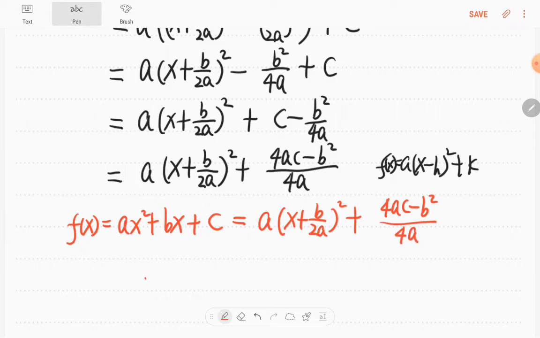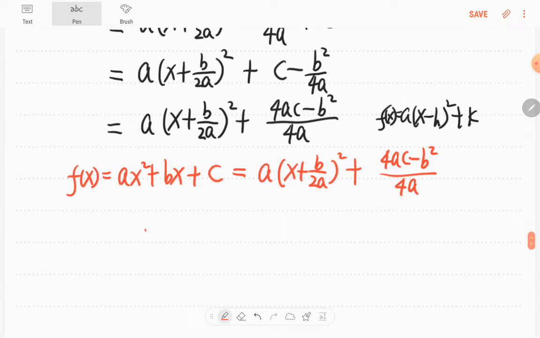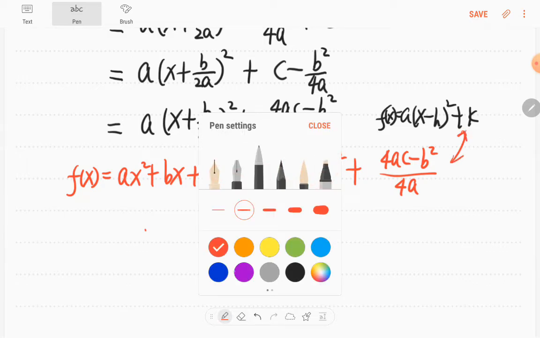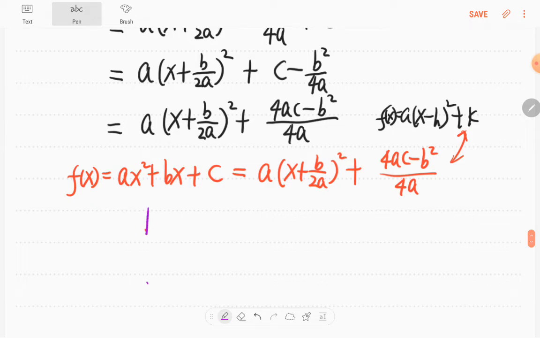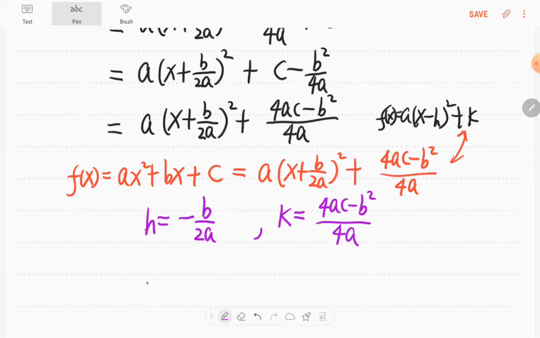Okay, so from this we compare with the standard form and notice that h is equal to negative b over 2a, and k is equal to (4ac minus b squared) over 4a. If you can remember that, that would be fine.